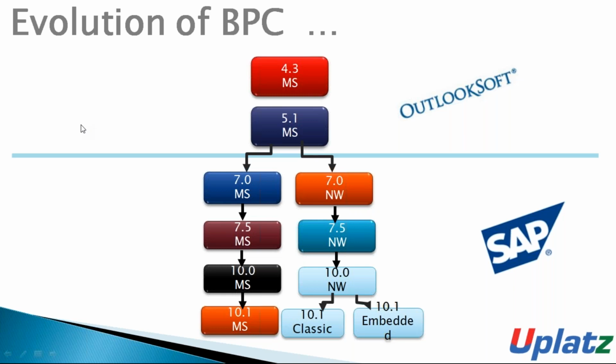In NetWeaver version, in that script logic concept, you can use ABAP, which is a native coding language for SAP. We can use it in NetWeaver version, we can't use it in MS version since MS version doesn't have this application layer. Apart from that, everything is same in the client layer between MS version and NetWeaver version. So this is the total evolution of BPC.